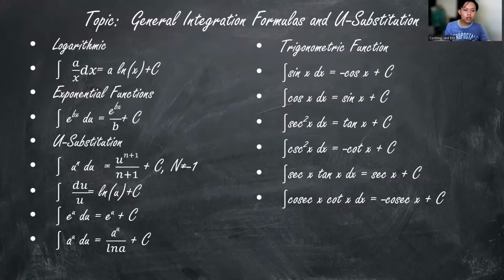Now we go to use substitution. Here we have the integral of u raised to n du is equal to u raised to n plus 1 divided by n plus 1 plus c. This is just another version of the previous formula we had, but this time we need to use substitution in order to use this formula.